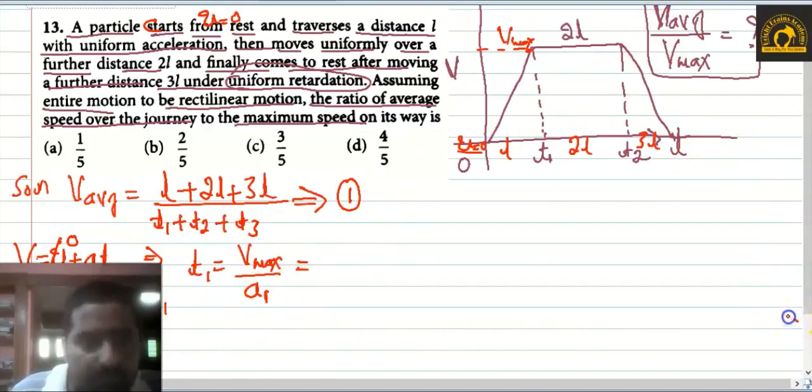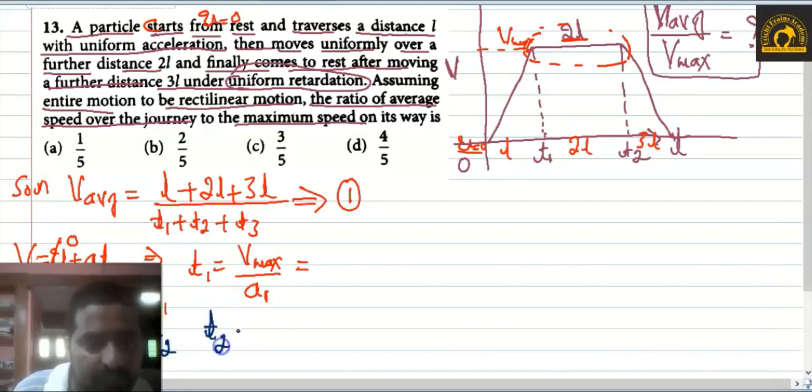Then T2. You have to find out T2, which means this journey. The distance is 2L and the time is T2.